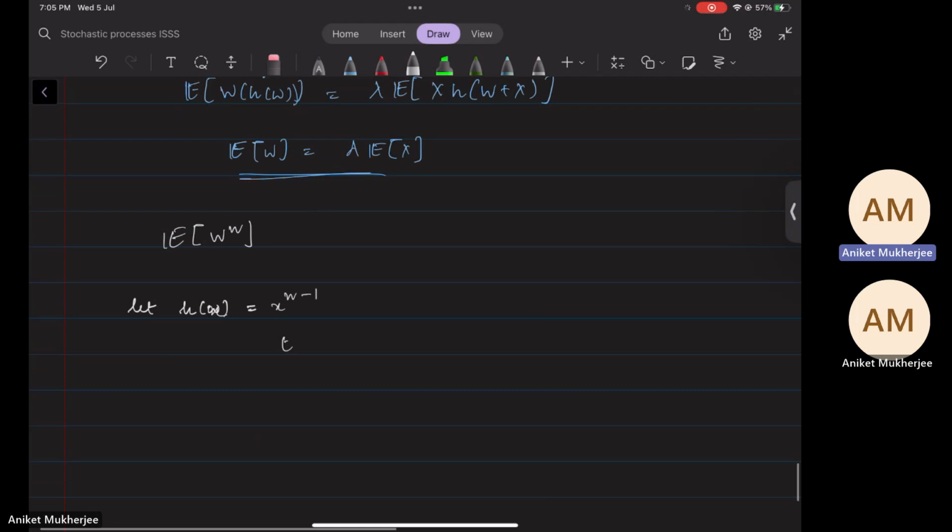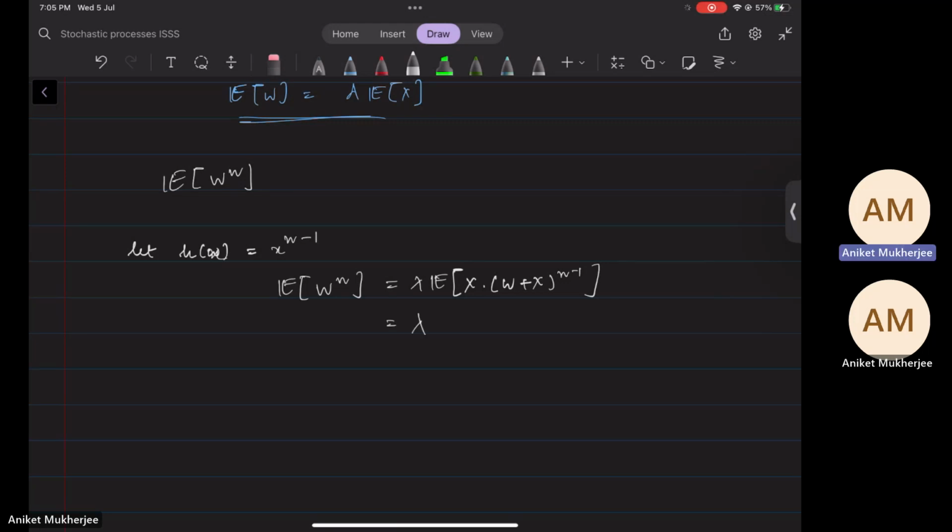So we get expectation of w power n is equal to lambda expectation of x into w plus x whole power n minus 1.